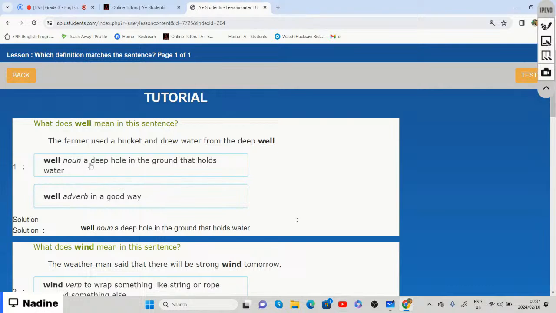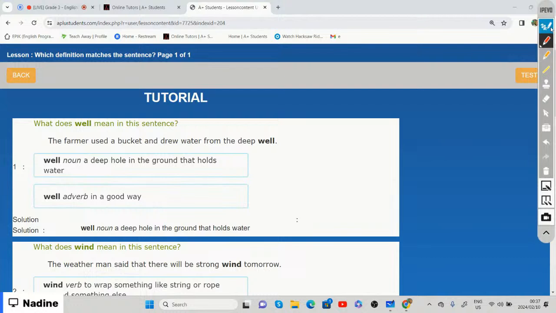So if we were to match the sentence with the definition, then we would say that it is a well, which is a deep hole in the ground that holds water. Because here it says the farmer used a bucket and drew water from the deep well, meaning that a well is a hole in the ground.